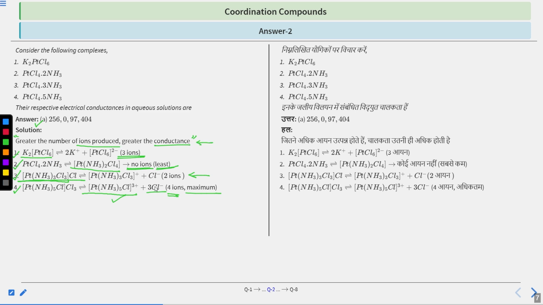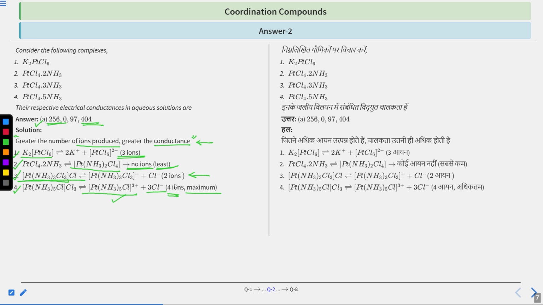So we just arrange according to this concept and match the options. The highest conductance will be for the fourth one, so it is 404. Then the first complex will come, which produces 3 ions, so 256.